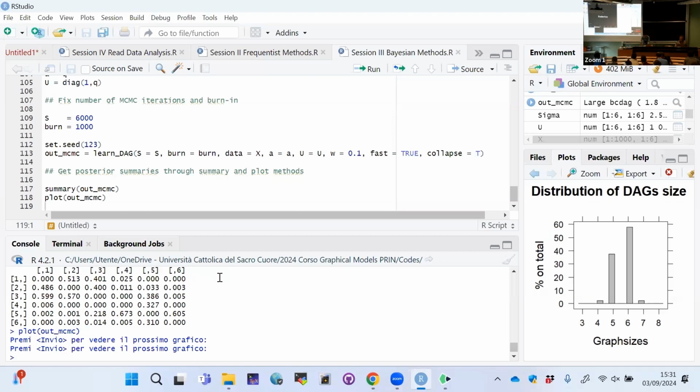So we should check. In practice, I never obtained anything which was not a DAG for some reason.